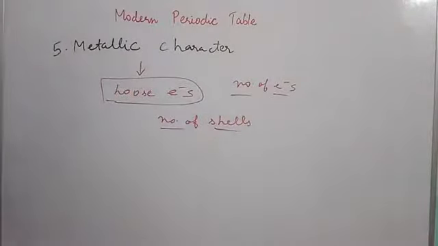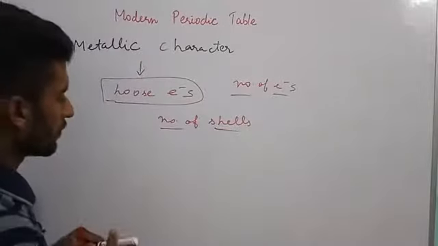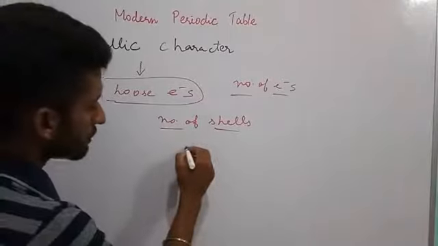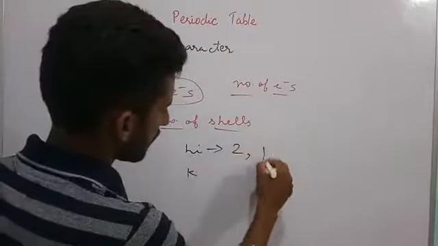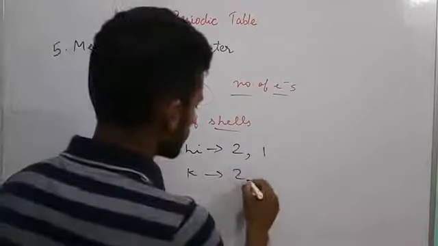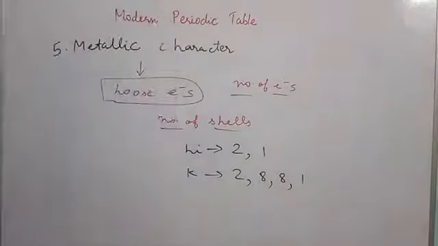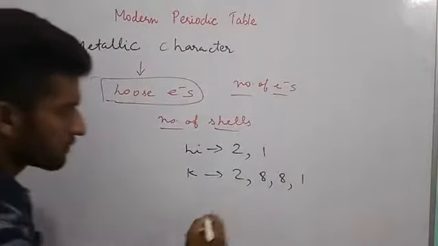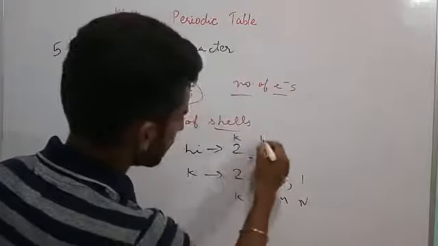Now if shells are increasing, what will happen? There will be more distance of the outermost electron, like lithium and potassium. If we write the electronic configuration, lithium is 2, 1. For potassium it is 2, 8, 8, 1. So here potassium is having 4 shells, lithium is having only 2 shells.